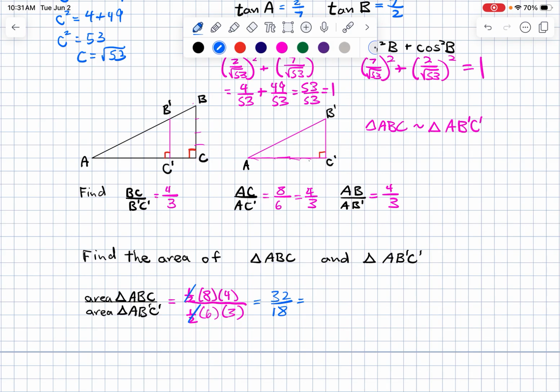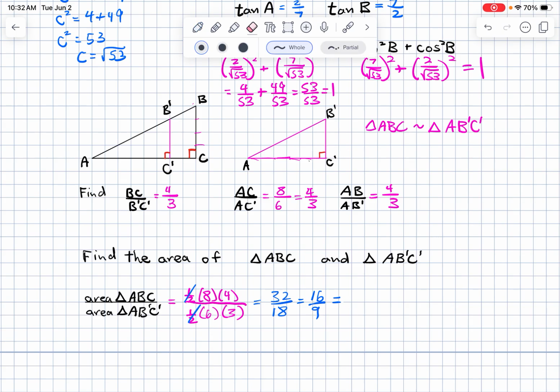Now let's see here. 2 will go into 32 16 times. 2 will go into 18 9 times. Okay. Now, I guess we stop right there. Now, look at this. 16 ninths. 4/3. The ratio for these two triangles, when we looked at the ratio of one side divided by its corresponding side, we always got 4/3.